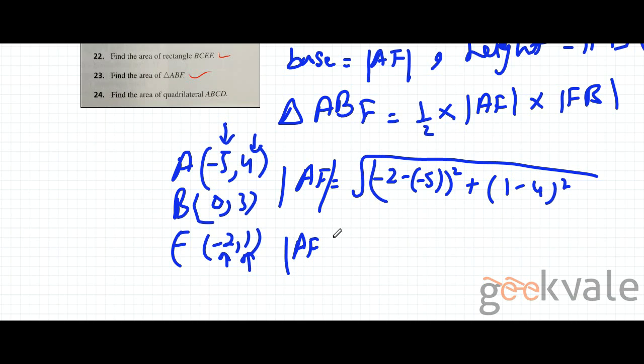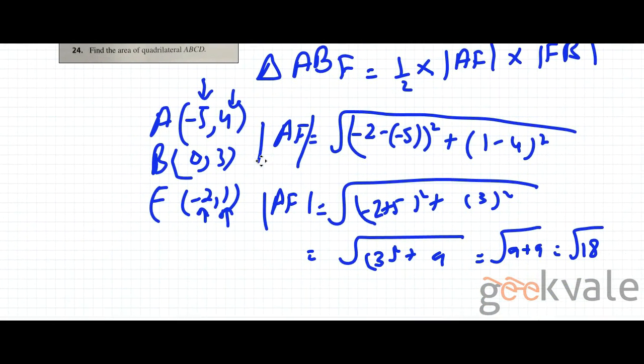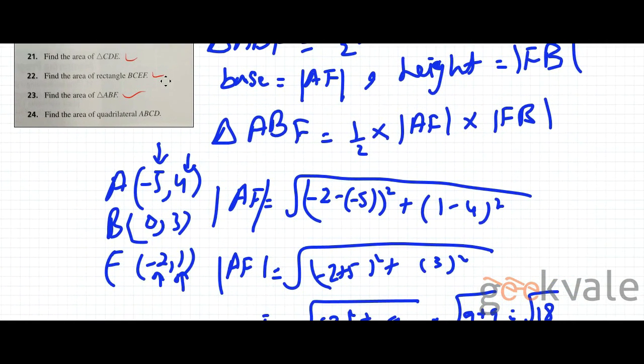AF will be minus 2 plus 5 whole square plus minus 3 whole square. What's minus 2 plus 5? That will be 3 squared, which is 9, plus 3 squared, which is 9. That will be 9 plus 9, and that will be the square root of 18. That's the distance AF. The distance AF is the square root of 18.